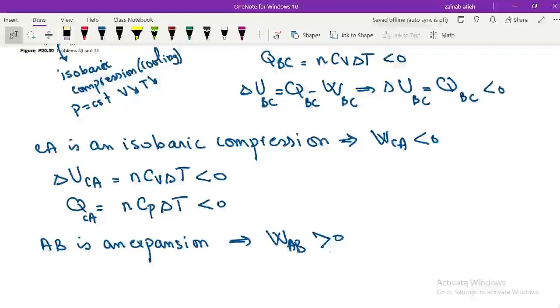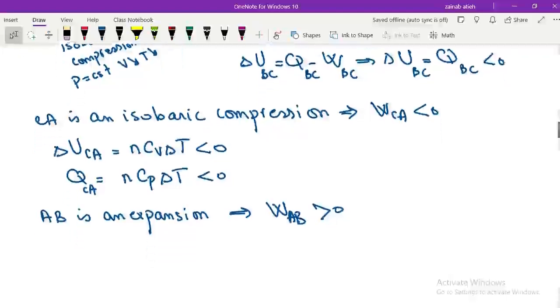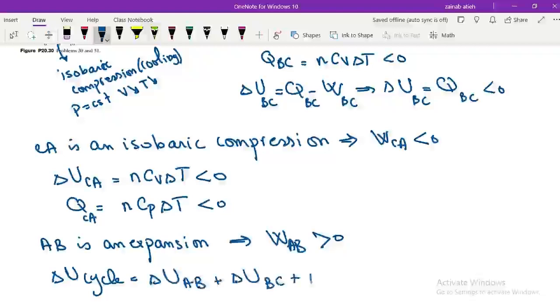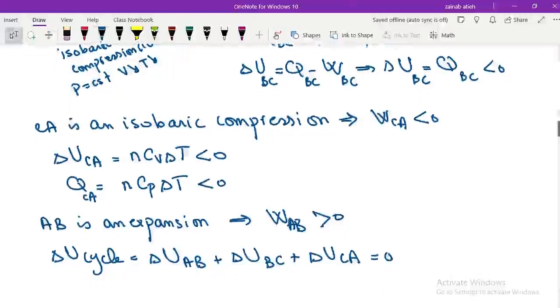Let's start with delta U. Delta U of a cycle is equal to delta U of AB plus delta U of BC plus delta U of CA. This must be equal to 0 because we have already explained that U is a state function and it's equal to 0 for a cycle.